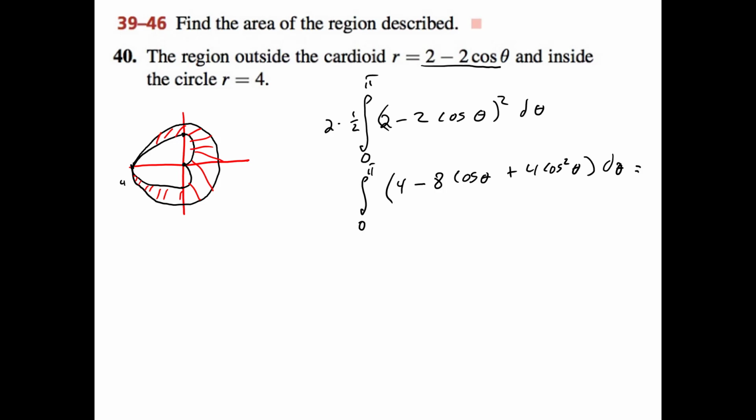And then you have the definite integral from 0 to pi of 4 minus 8 cosine theta, plus 4 times the cosine squared theta, which you can rewrite as 1 plus the cosine of 2 theta divided by 2, d theta. The 2's will cancel.